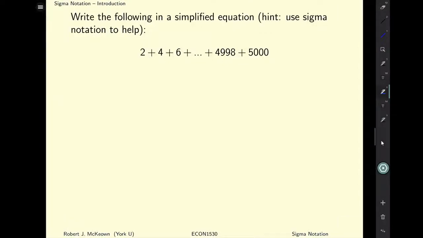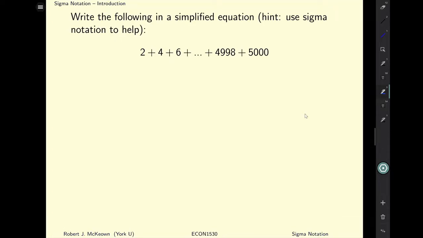Here we have a series of numbers, and we're going to try and solve it in a way that will give you some insight into the rules of sigma notation and to exploiting the Gaussian sum that we just saw.